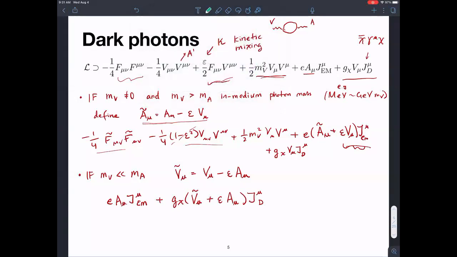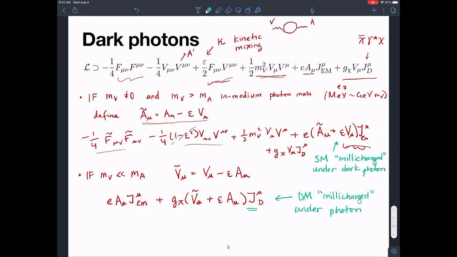So in the first case, we have the standard model is millicharged under the dark photon. And in the second case, what we see is that the dark matter is millicharged under the photon.